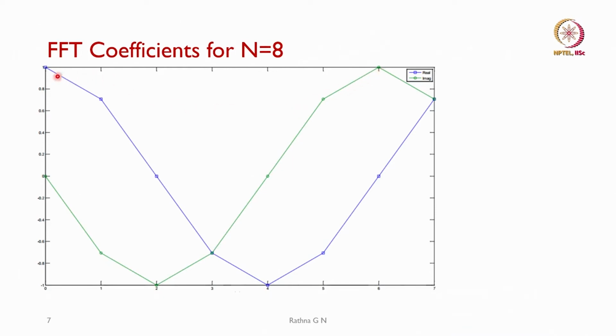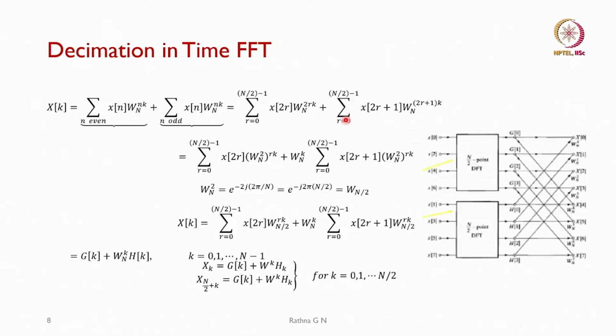And cos, we know that it starts from 1 basically, and then the rest of the values go with pi by 4 and pi by 2, which you are seeing in this case. So, these are the 8 coefficients we will have for our 8 point DFT, that is, the discrete Fourier transform, which we will be deriving for our first Fast Fourier Transform basically.